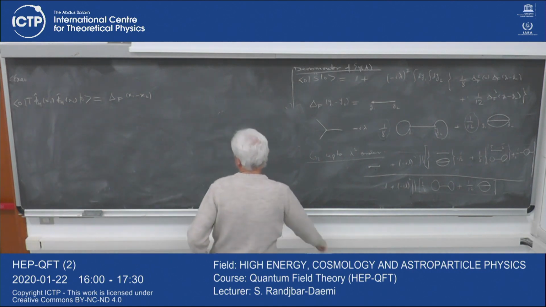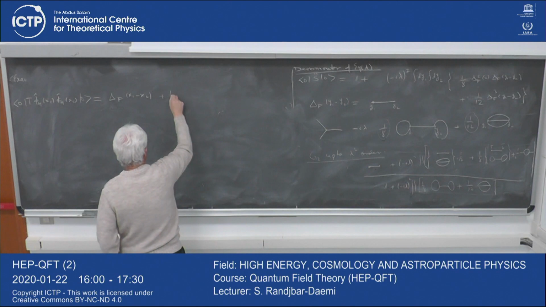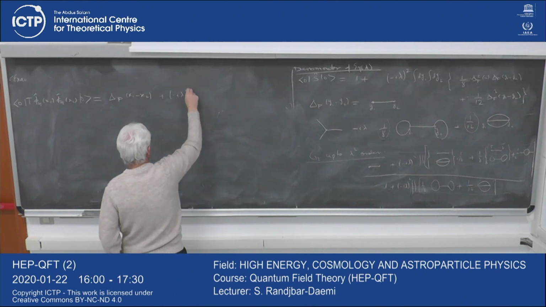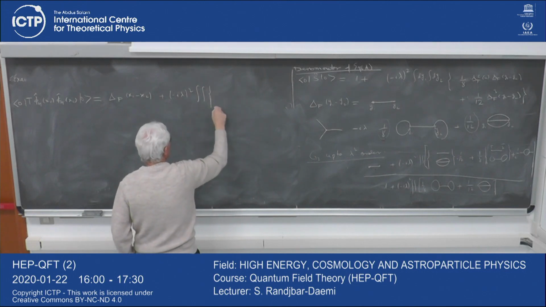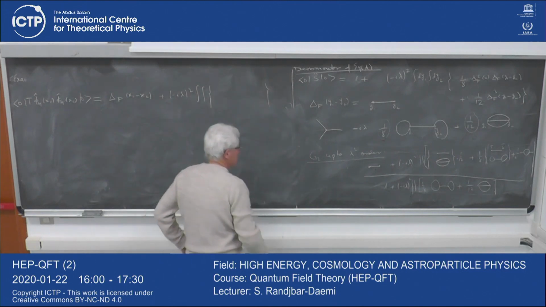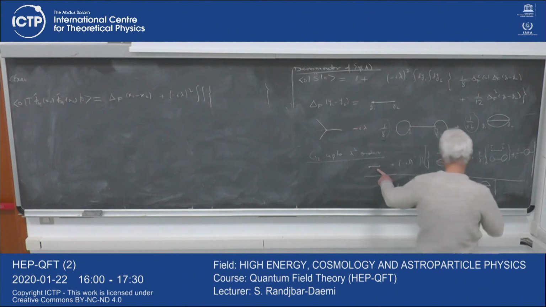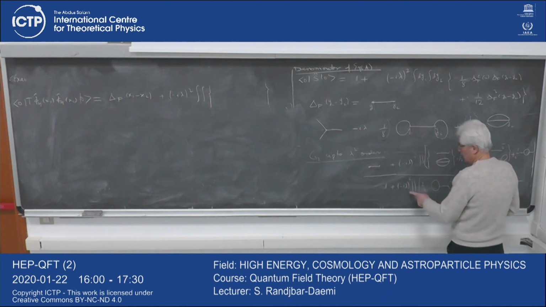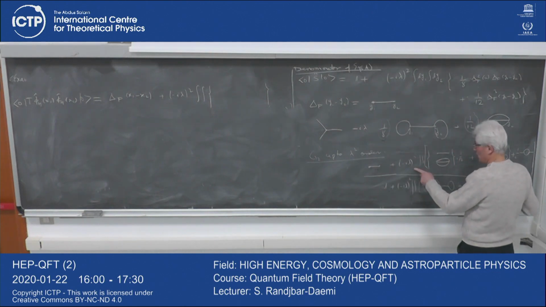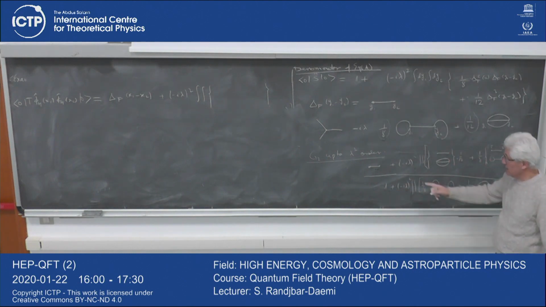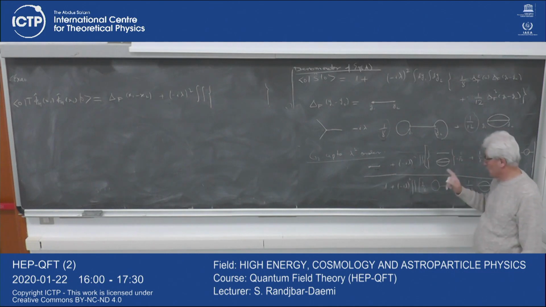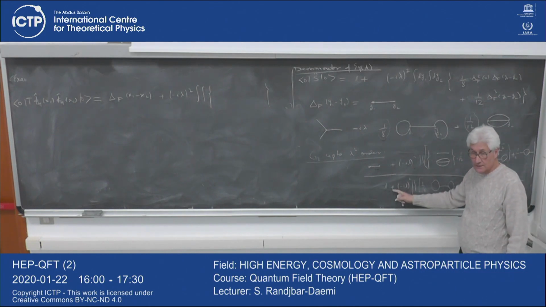Then the coefficient of lambda squared terms. Here you have plenty of terms because the zeroth order term can multiply this, which will give you lambda squared. The lambda squared from here can multiply that and give you a lambda squared. The zeroth order term multiplying this, we should remember that the sign here should change.